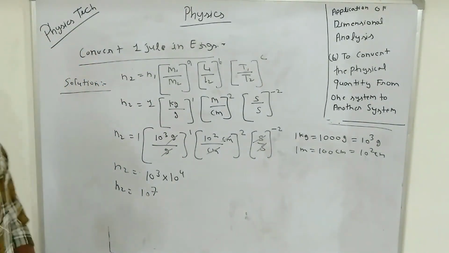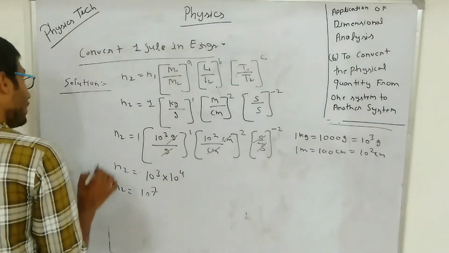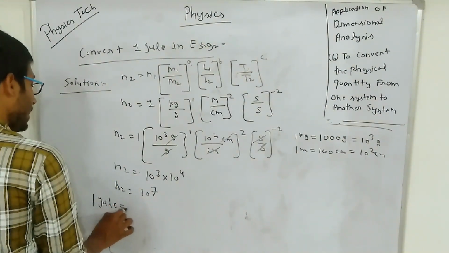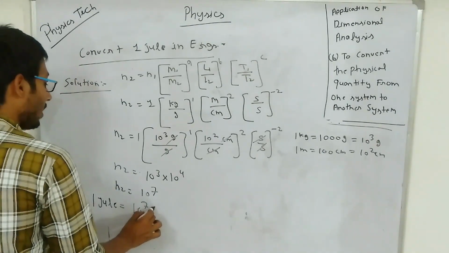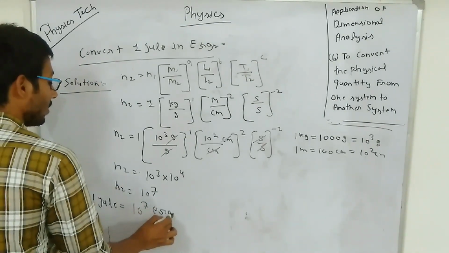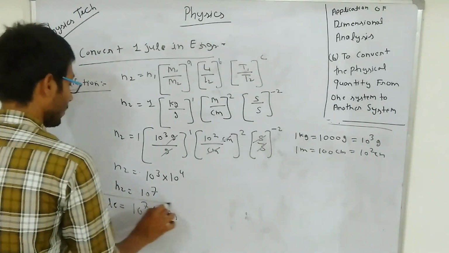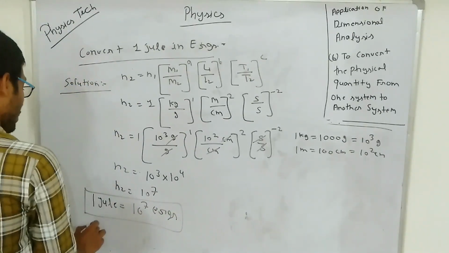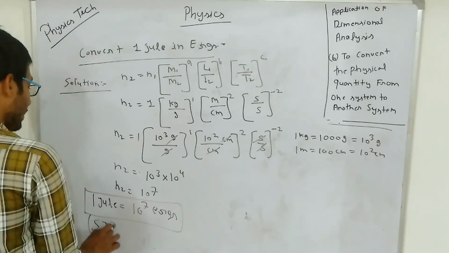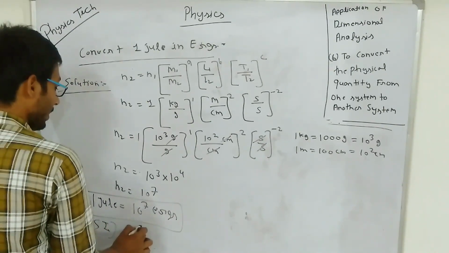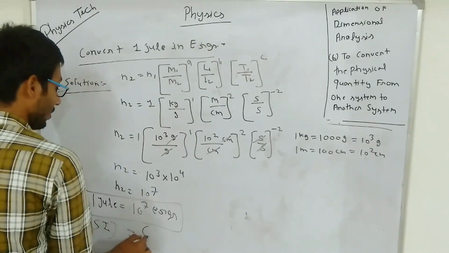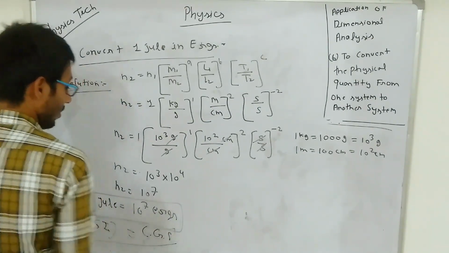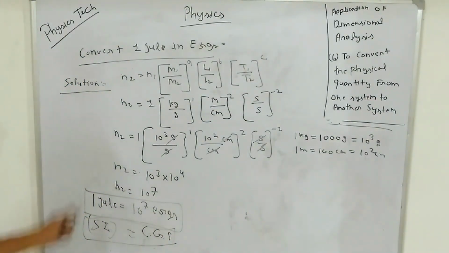What is the value of joule in erg? The value of 1 joule is equal to 10 to the power 7 erg. SI unit and CGS unit. Okay, please take a note.